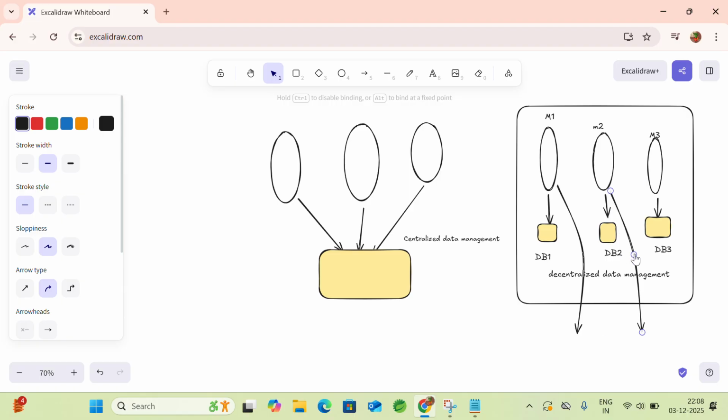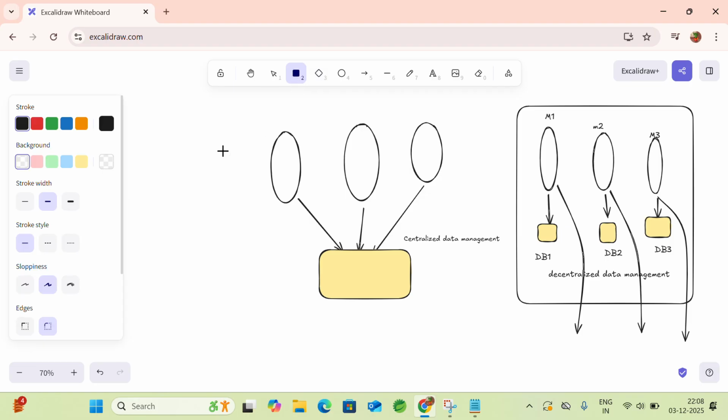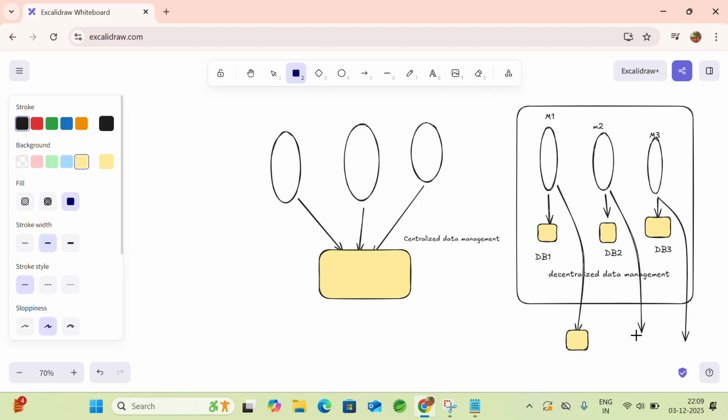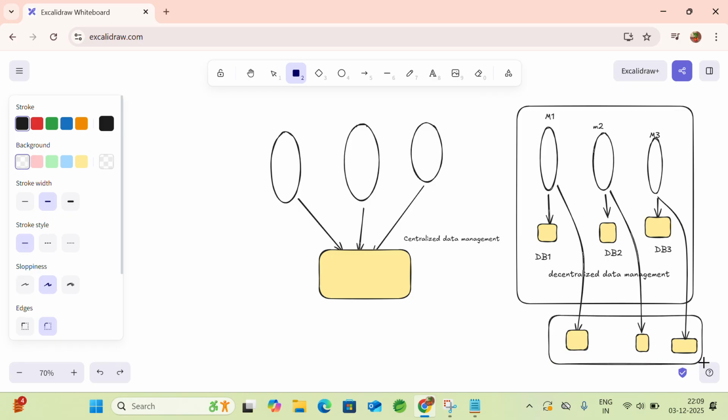Let me represent over here. So here we have another set of databases. This is one, this is second one, and this is third one. And let me enclose it here as this one.